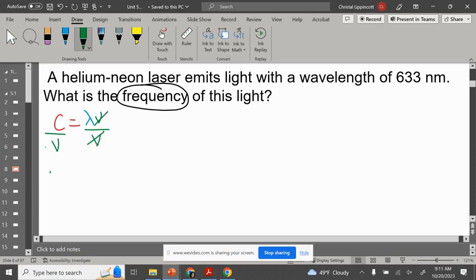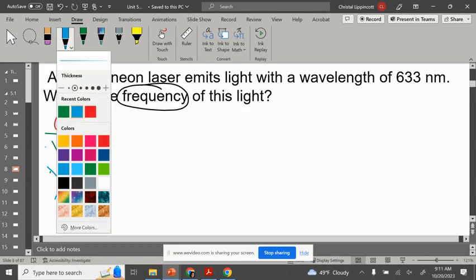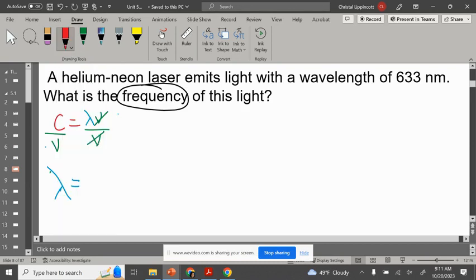Lambda will cancel, and that's going to leave me with my wavelength equaling C over nu, frequency. So I need to find out what C equals.